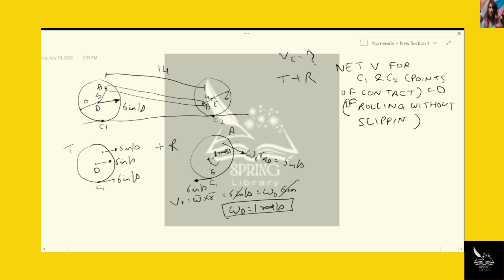But we need to find this angle as well, to figure out the total vector velocity of point A, right? So what is this angle? This angle can be figured out with a bit of trigonometry. We note that this is 14, the length of the rod.